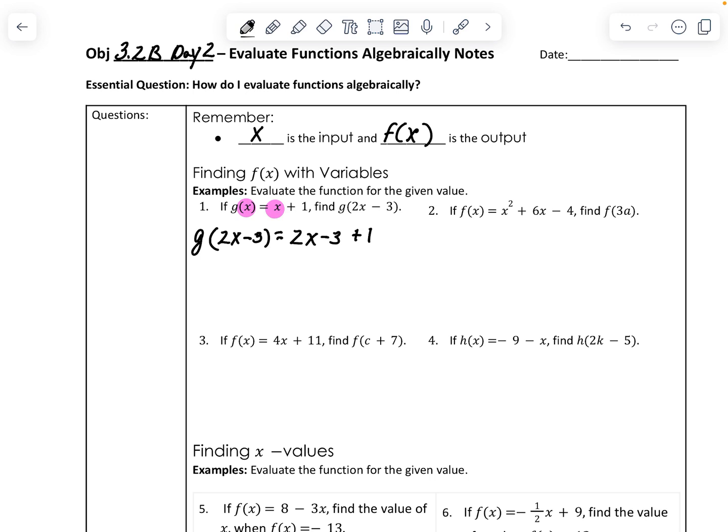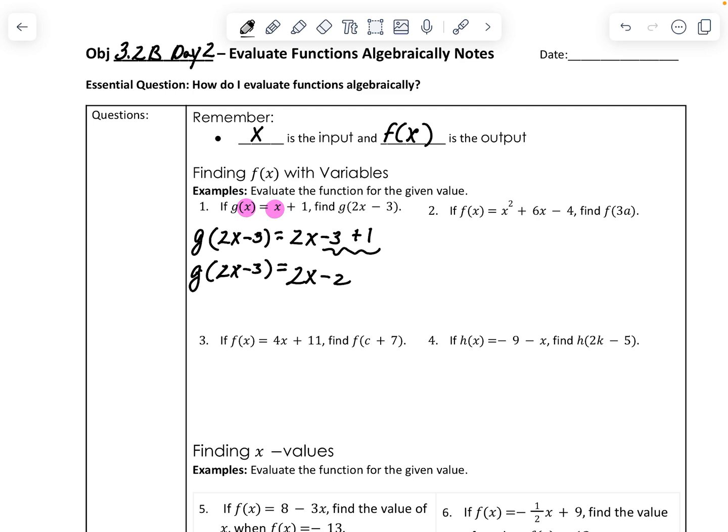So basically I've taken what's in the parentheses and replaced x with it. Then I need to simplify. So g of 2x minus 3 equals, I'm going to combine my like terms here, 2x minus 2.